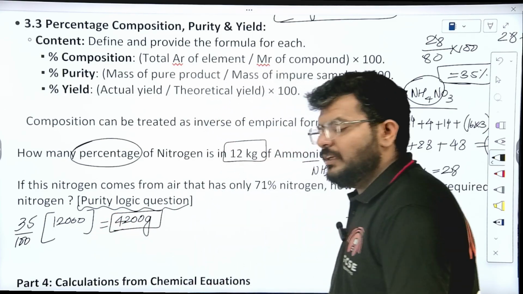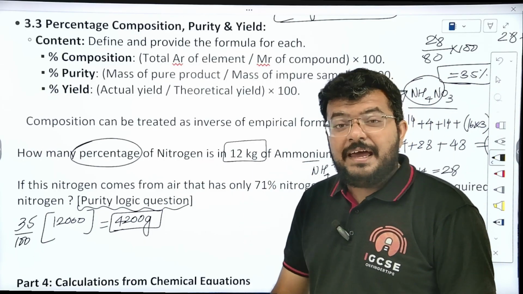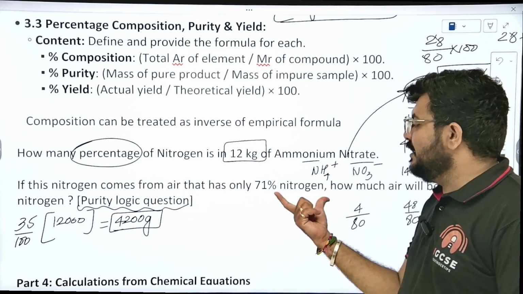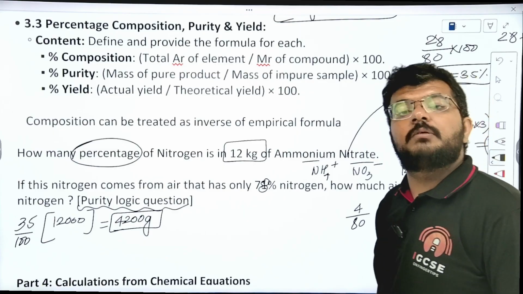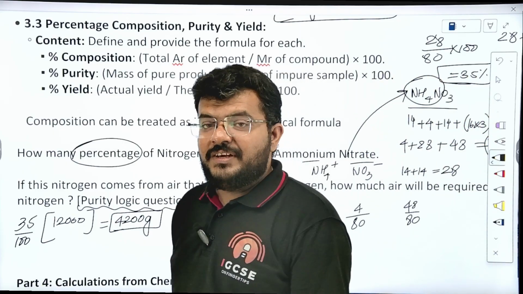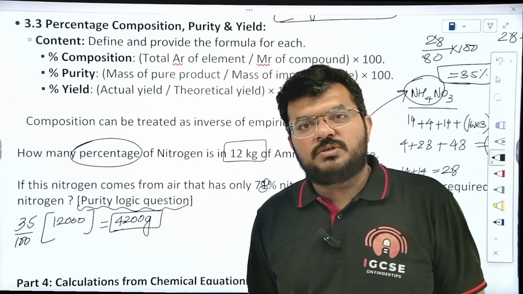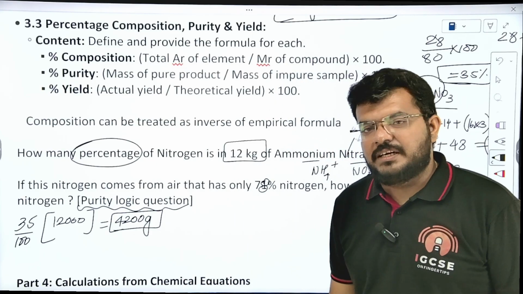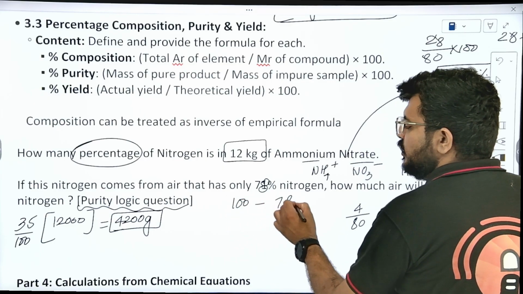Now they are asking, where do I get this nitrogen? I get this nitrogen from air. Air has only 71% nitrogen. Okay, let's say it's 78%, 21% oxygen, right? So the purity of air for nitrogen is 78%. That can be said, right? Out of 100% of the air, nitrogen is only 78%.